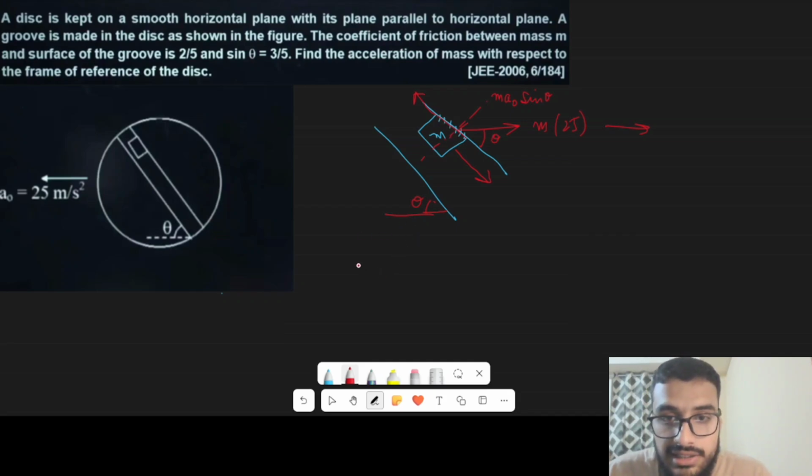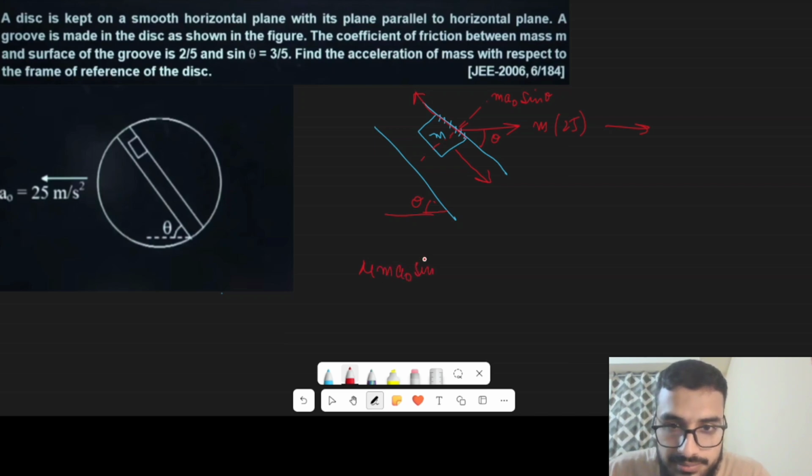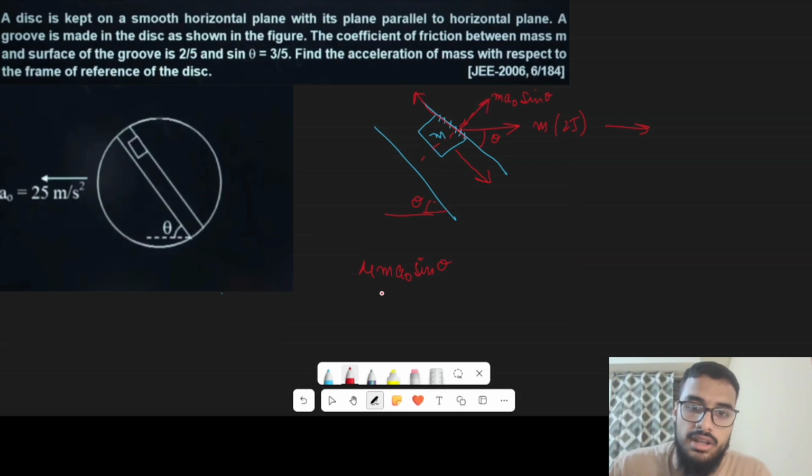So the force will be mu times m a naught sine theta, because this is the normal. This is the frictional force due to the side, and in the same way there will be a frictional force due to the bottom also.